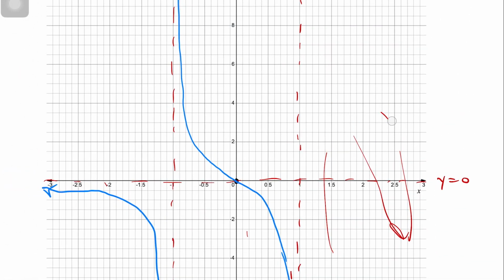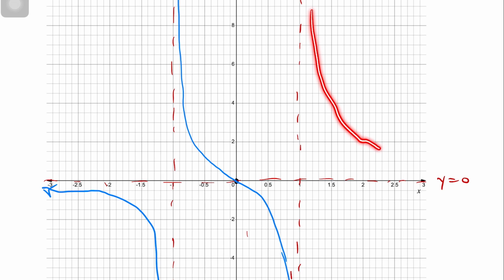This needs to be decreasing and concave up, right? Like this. So this is decreasing and concave up.